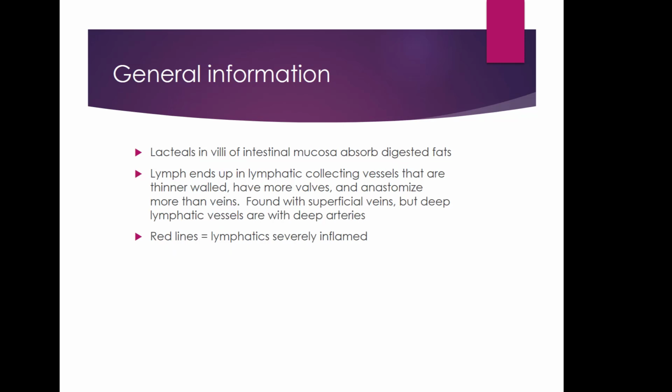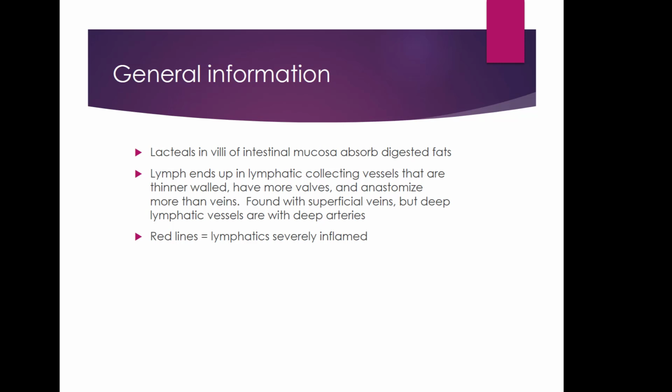The second function of the lymphatic system is to absorb dietary fats from, well, absorb's the wrong word, to collect the absorbed dietary fats from the small intestine and then return that back to circulation. So there are peg-like extensions from the mucosa within the small intestine, whether you're talking about the jejunum or the ileum, well, duodenum too, all three sections of the small intestine.